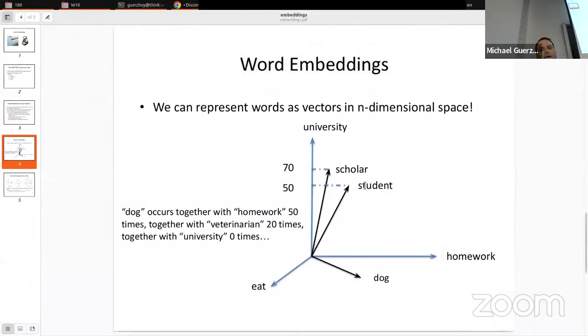So how do you figure out whether two vectors are close together? One thing you can do is just say, how far apart are the endpoints of the vector? Right? So what's the distance between this point and this point? This is kind of like, what's the difference between student and scholar in this 3D space.